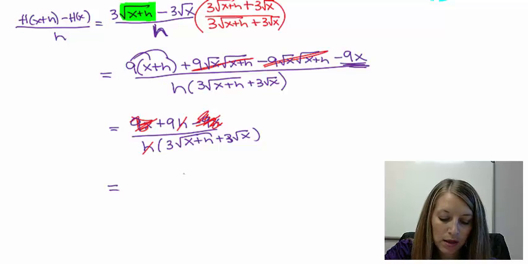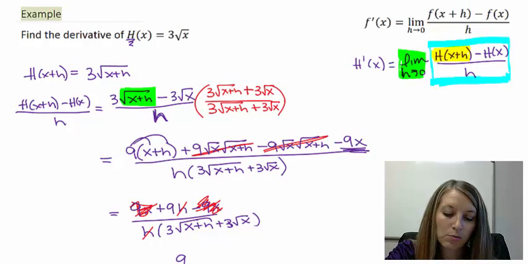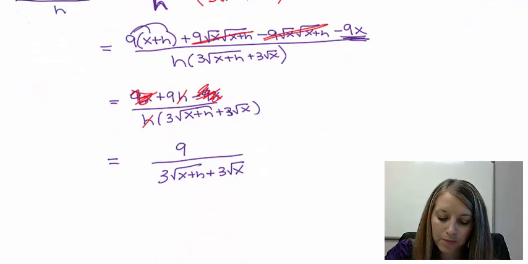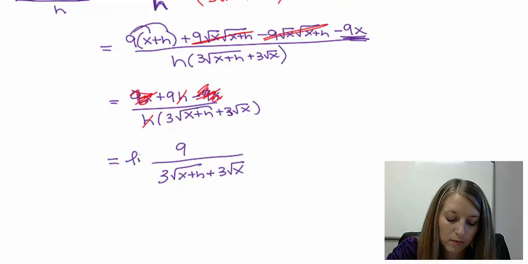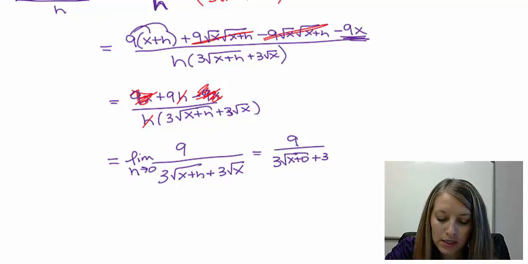And so that leaves me with 9 over 3 times the square root of x plus h plus 3 square root of x. And so that means I get to move on to my third part of my derivative, meaning I need to take the limit of this as h goes to 0. This gives me 9 over 3 times root x plus 0 plus 3 times root x, or 9 over 3 root x plus 3 root x.